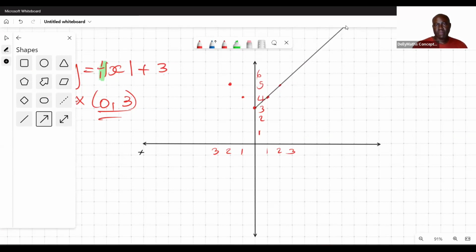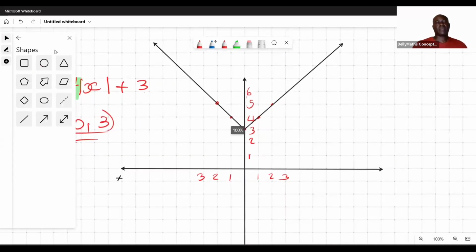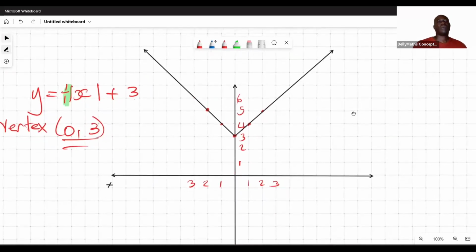Connect them. We only need 2. The moment we connect them, there it is. So that's our function for y equals the absolute value of x, plus 3.